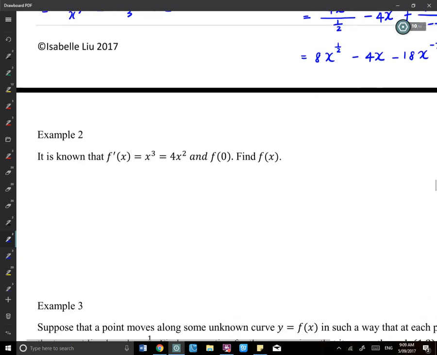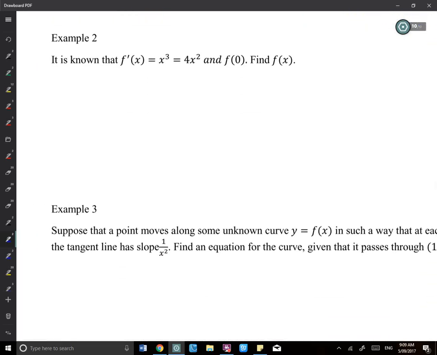Not for the test. It's just for later on, like an extension a little bit. Okay, example 2. Let's have a look at this question.